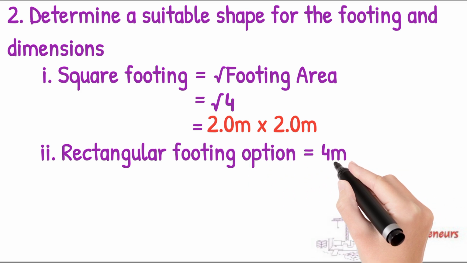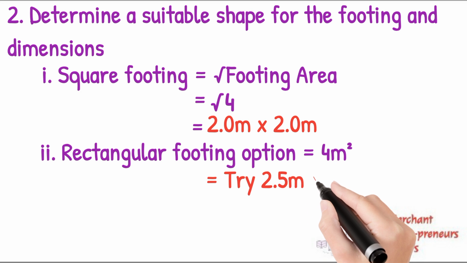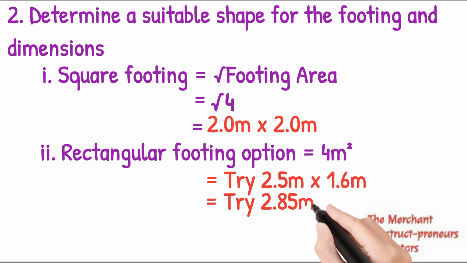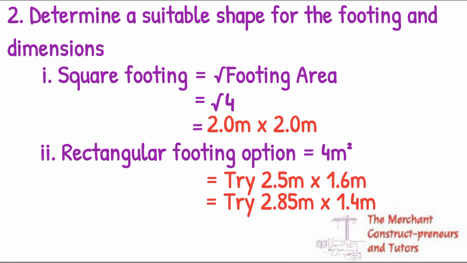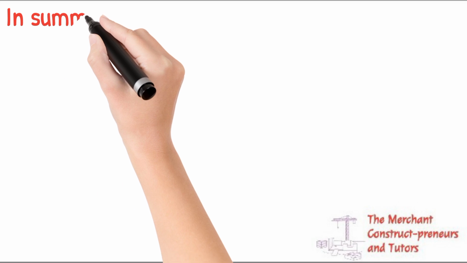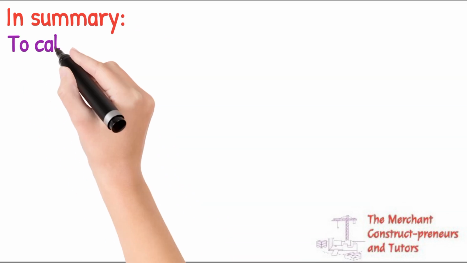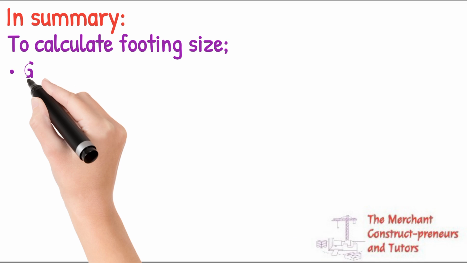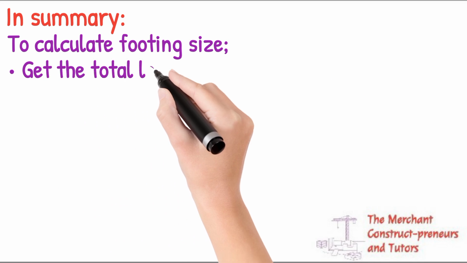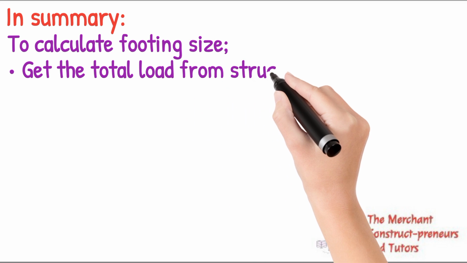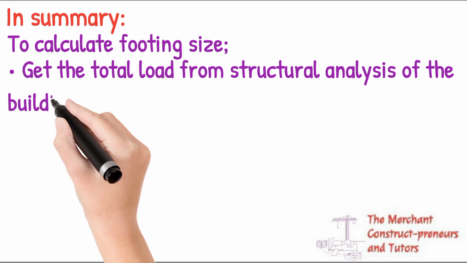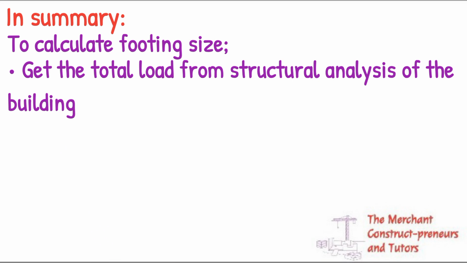So 2 meters by 2 meters is what we are going to use for our square footing. For our rectangular footing, we have two options: try 2.5 meters by 1.6, or 2.85 by 1.4 meters. So either 2 meters by 2 meters or 2.5 by 1.4, any one works.